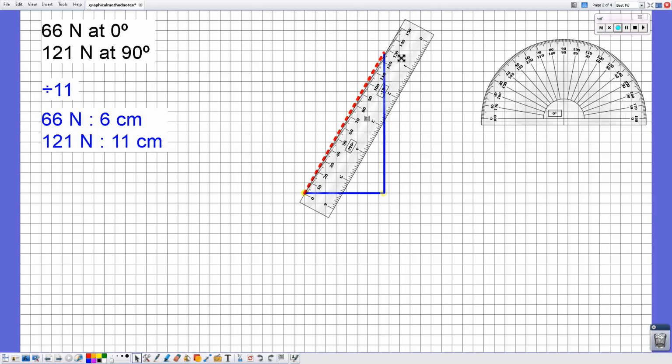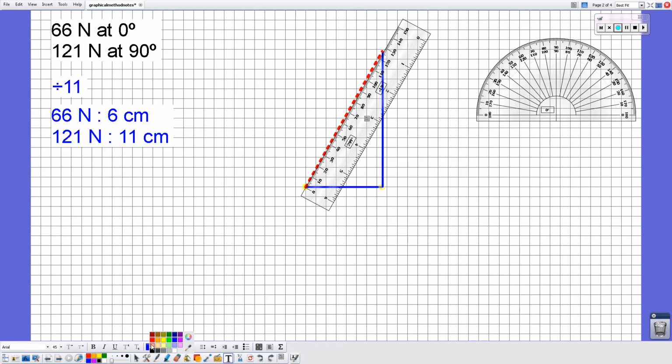And it looks to me like this is 12, 12 and a half, 12.7, I'm going to say. So I'm going to say this is 12.7 centimeters.